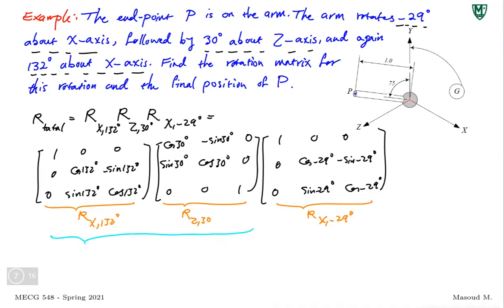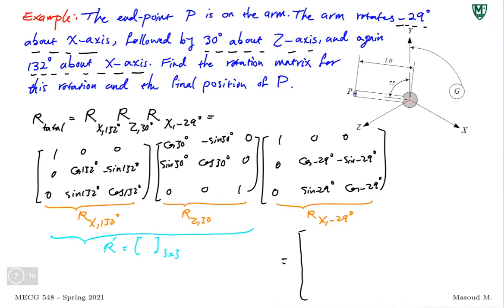Okay, so this is the first one, and whatever you get here, let's call this R prime, a 3 by 3 matrix, and then you multiply that by the next one, and you will get the final matrix. I'll give you a final matrix somewhere here. Good job by me in terms of space.